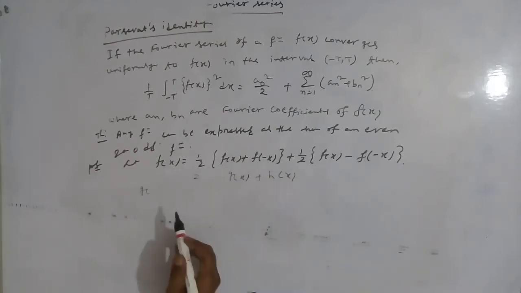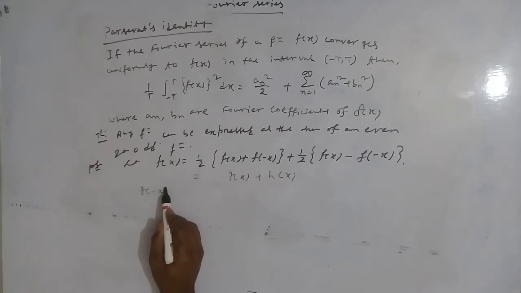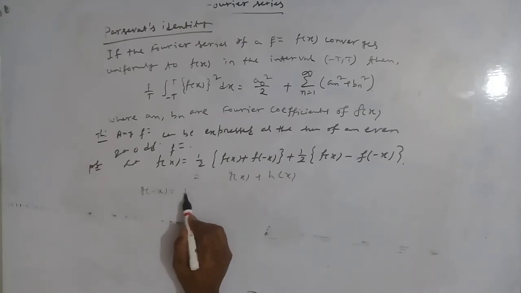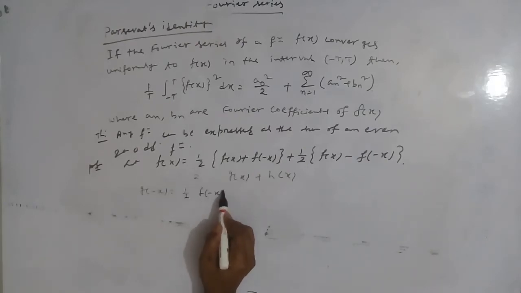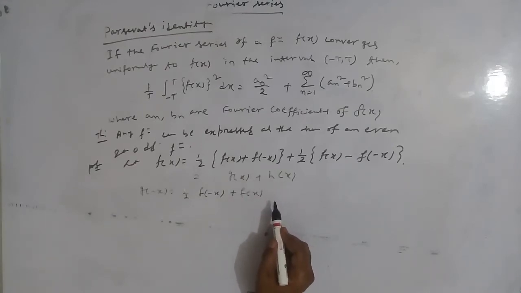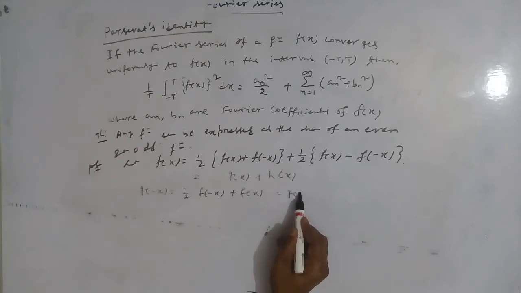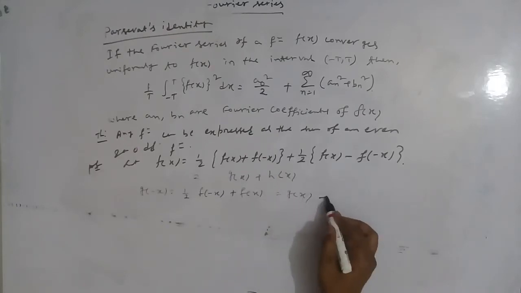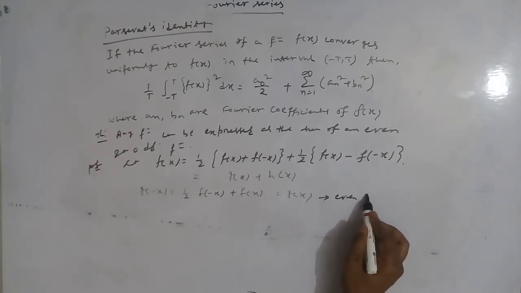Okay, so if g of x is this, then g of minus x will be half into f of minus x plus f of x, which is equal to g of x. So g of x is an even function.